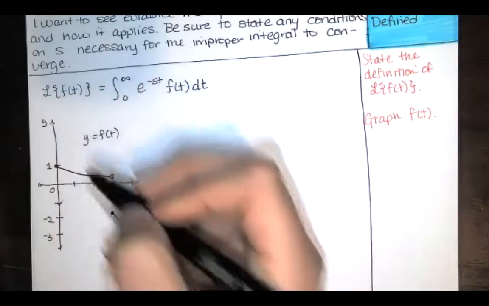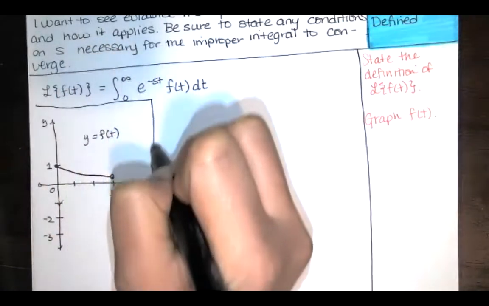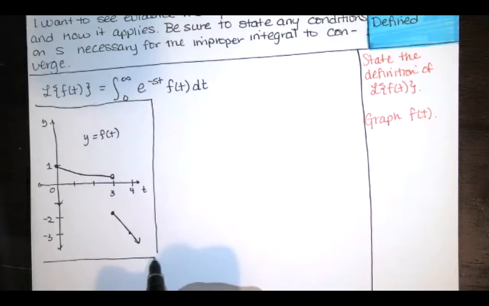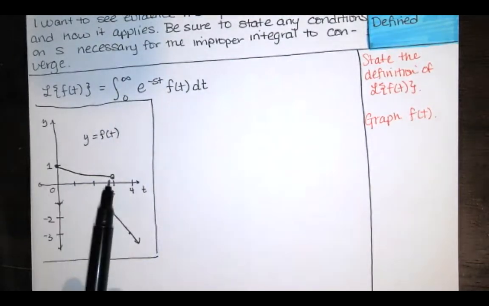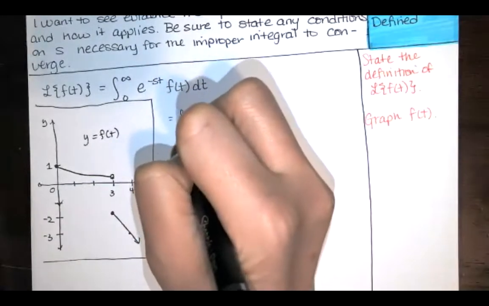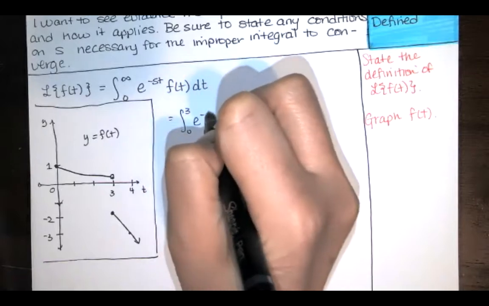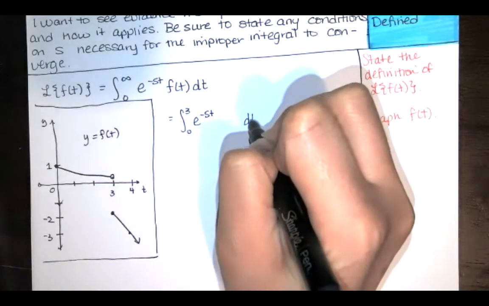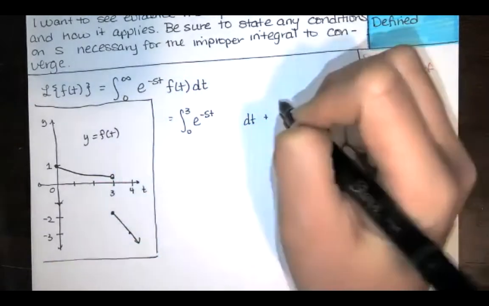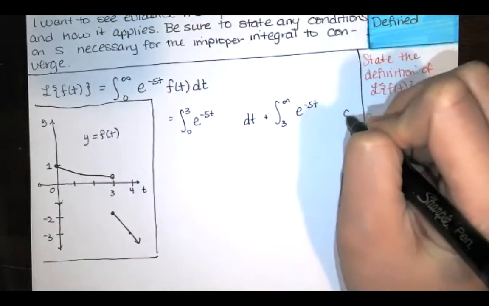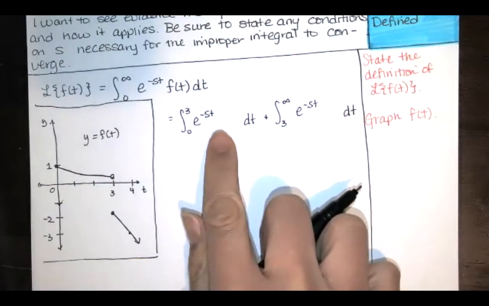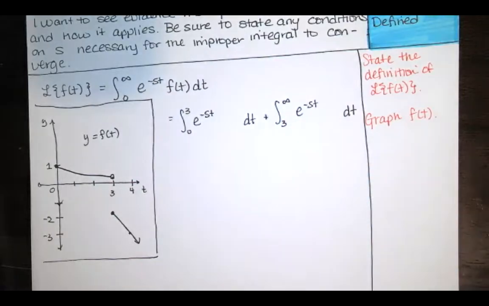So I think you can see just from this picture that you'll have to split that improper integral into two pieces. One piece on the interval from 0 to 3, and then another piece on the interval from 3 to infinity. And we'll add those together. And I've left spaces here for my f of t on this interval and my f of t on this interval.